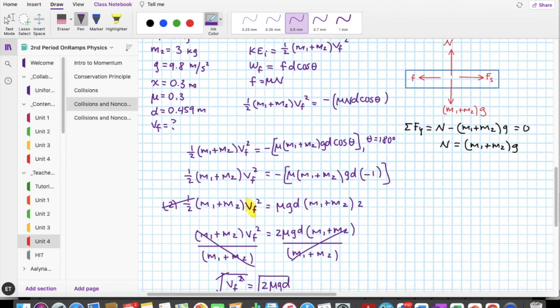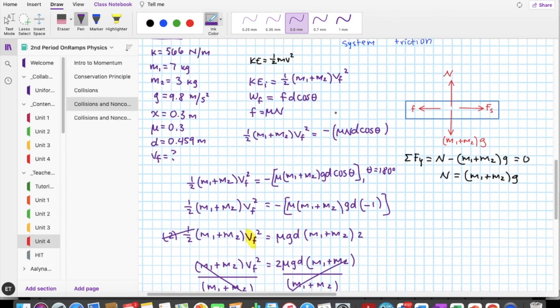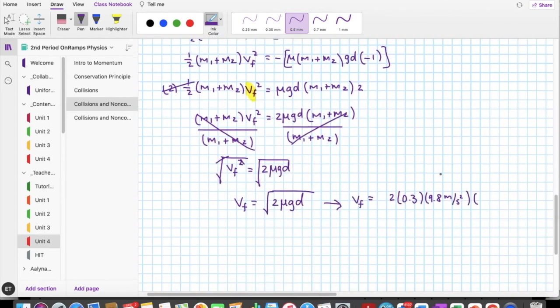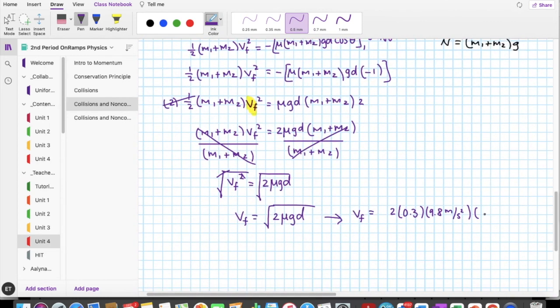Now, don't confuse, this is not the distance it would stretch, it's this distance before it came to rest: 0.459 meters.